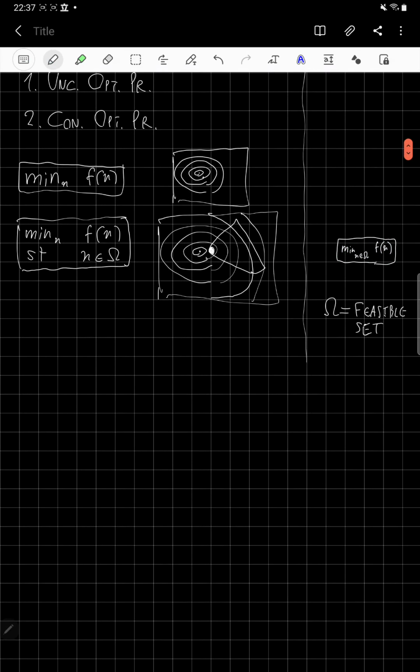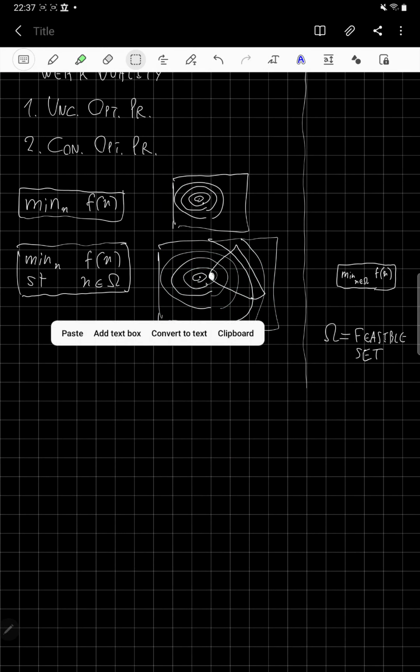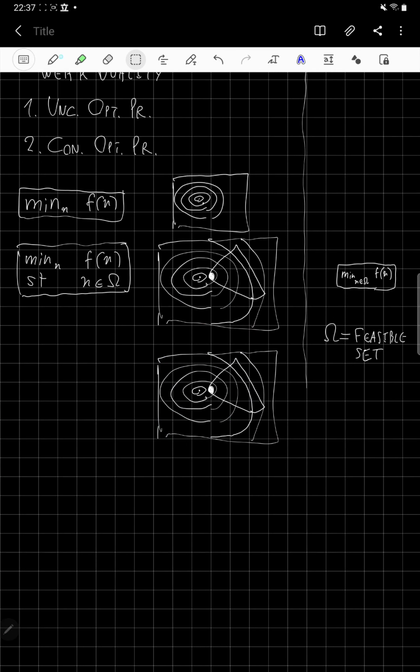Okay. Now, remember, unconstrained optimization problems are very simple. These are complicated. But there's a simple way to turn a constrained optimization problem into an unconstrained optimization problem. Let me explain. There we go.